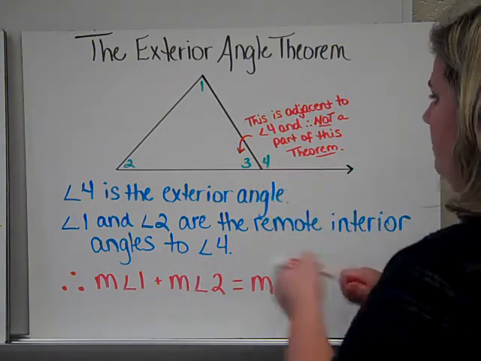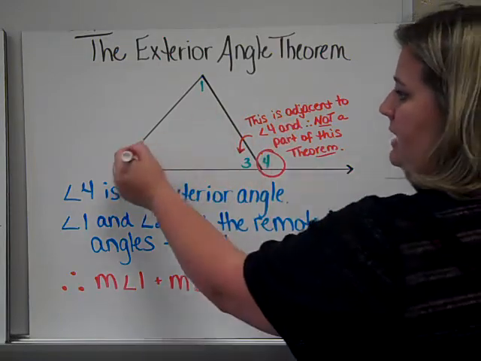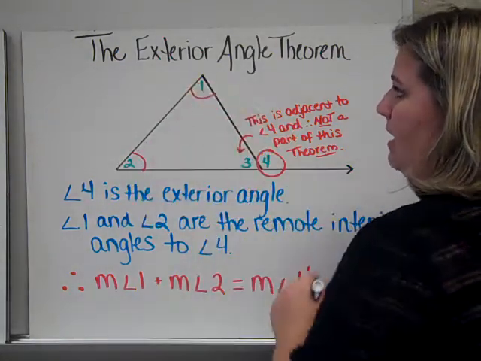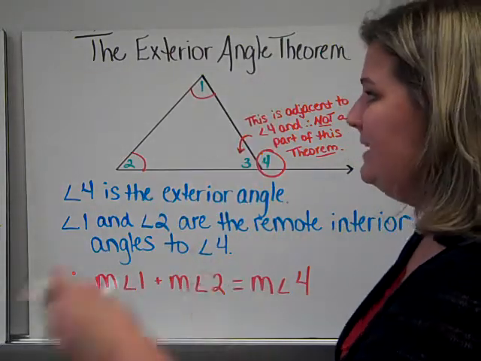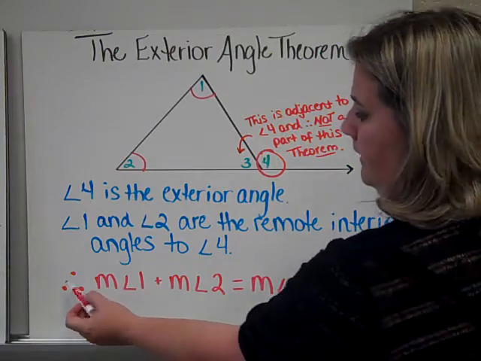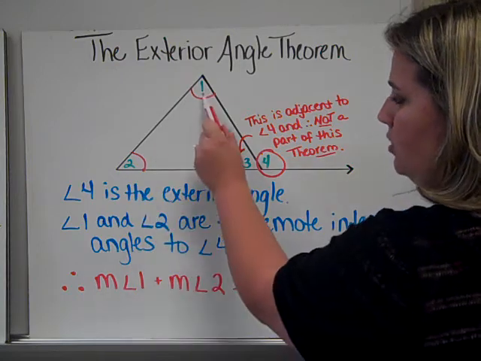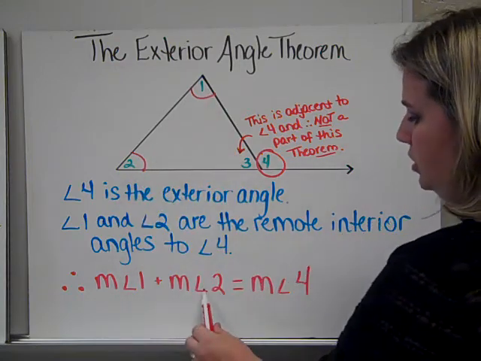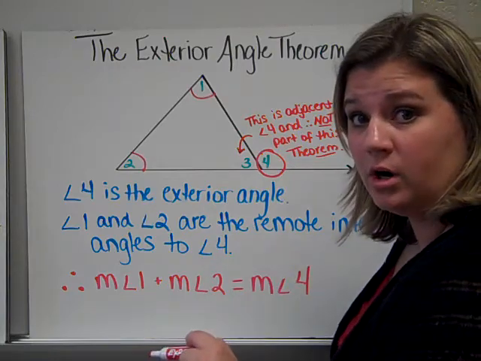Here is my exterior angle from that triangle, and here are my two remote non-adjacent angles. Remote interior, in other words, they're inside that triangle. So by seeing this relationship, the measure of angle 1 and the measure of angle 2 equal the measure of angle 4.